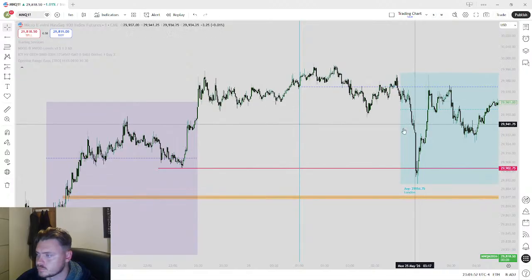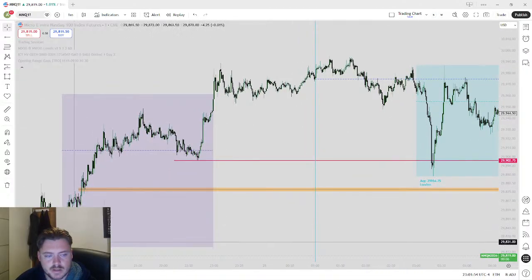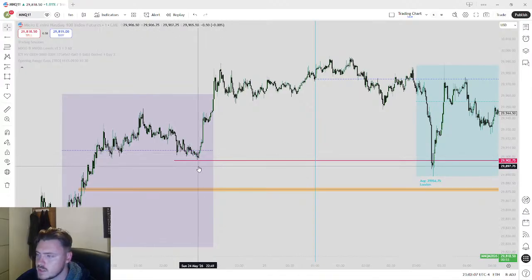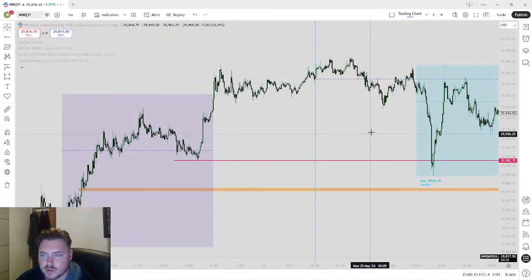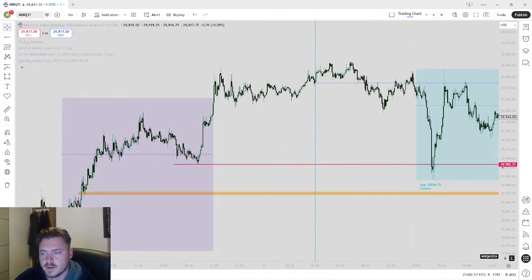Reason being, price came up, comes down, sweeps that low, but everyone who profited here still had their stop loss orders below this low. Does that make sense? Even though there's not relatively equal lows, for me that's a key low if price is going to go down.